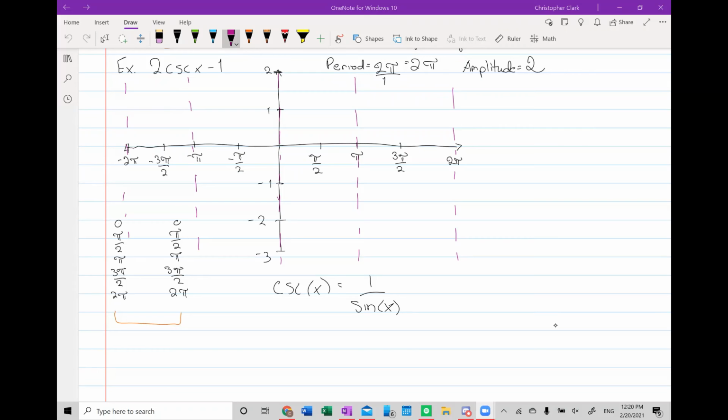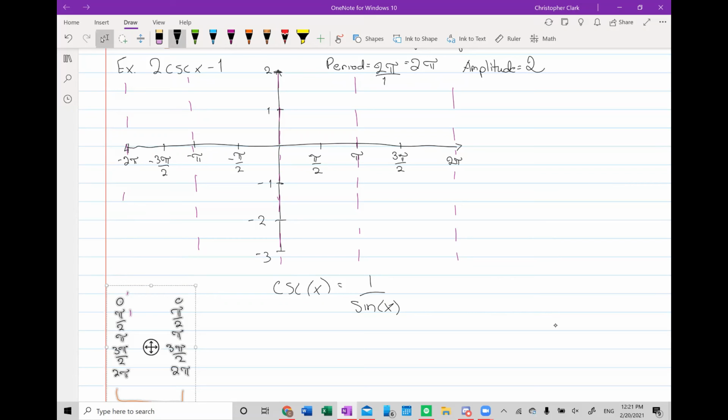All right, I'm going to grab these points down here and move them a little bit so they're out of the way. Perfect. Let's go ahead and bring our asymptotes back. All right, so now we can ask, at pi over 2, cosecant should be 1, but we've multiplied it by 2, so it should be 2, but now we have to be careful because we've now subtracted 1.